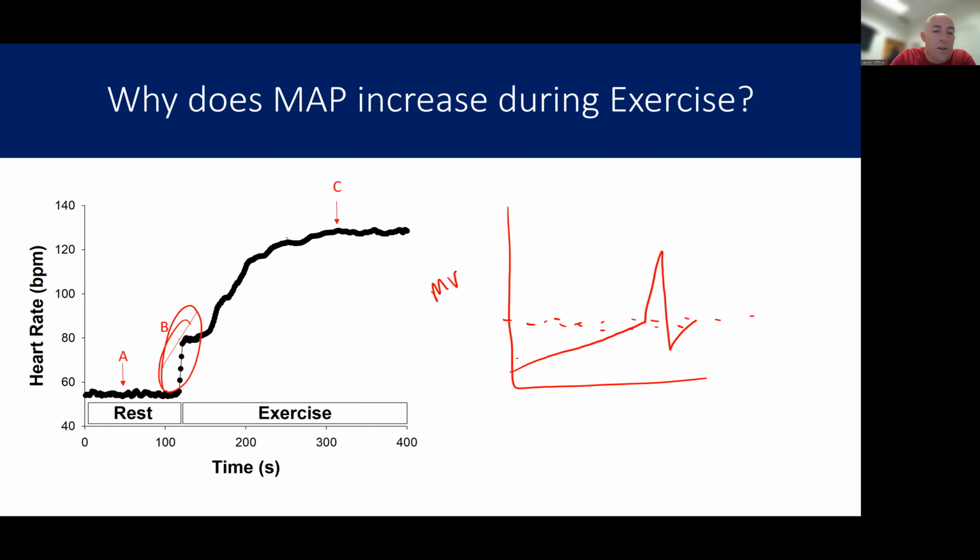And then as you start to increase heart rate more, now you have the sympathetic signals coming in, increasing it even further, so it gets to threshold even faster. So your initial increase in heart rate and cardiac output is largely due to the removal of parasympathetic activity. And that'll get you up to about 100 beats per minute. And then beyond that, most of your increase in heart rate is going to be due to sympathetic activity. All right, that's all for today.